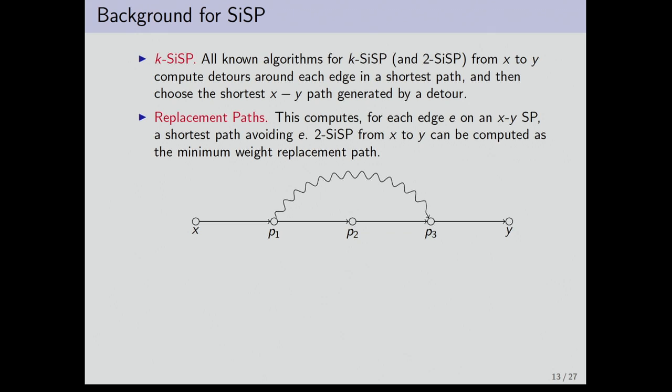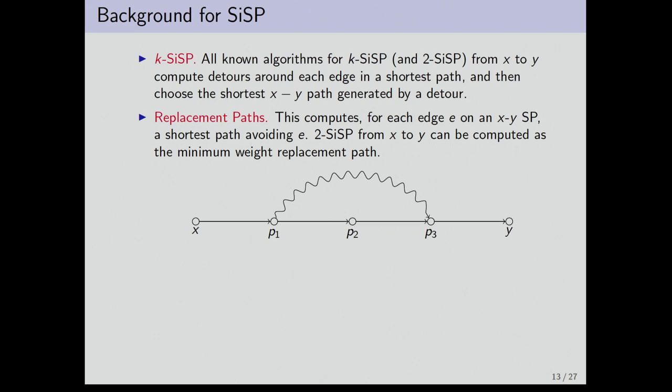And in fact, what they're computing in the process is what's called replacement paths. And that's, again, a problem that's been very well studied, and it works only for k equals 2. And here you want to have a table so that you can quickly answer queries of the form, what is the shortest simple path from x to y if a particular edge on the path fails? So you have a table that has such an answer for each edge along this path.